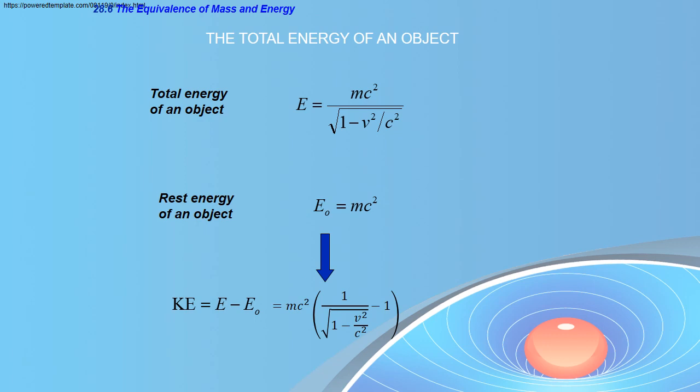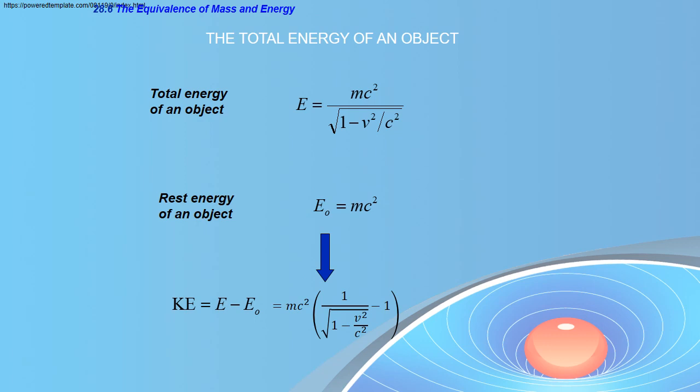Now we normally call kinetic energy 1/2 mv squared. So if your velocity was really slow, let's put 0 in for velocity, right? We're going to get 1 over the square root of 1 minus 0, or 1. So 1 over the square root of 1 is 1.